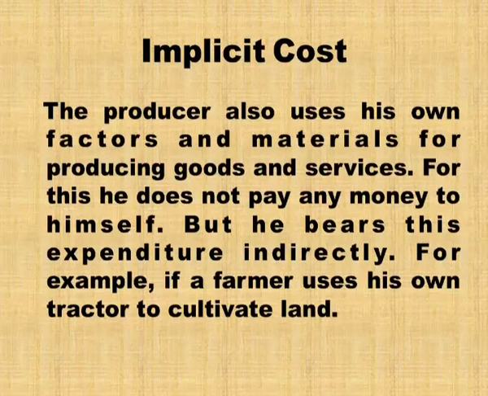Supposing in the example above, the farmer was to use his own tractor to cultivate the land rather than hiring it from someone else. In such a case, he would have paid rent for this, and this, if hired from outside, would be called an explicit cost.